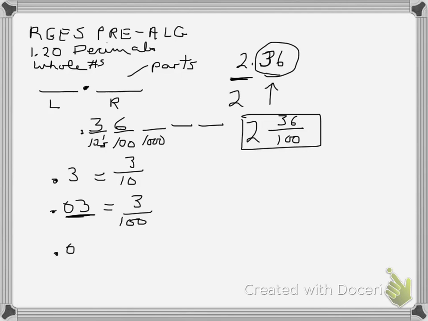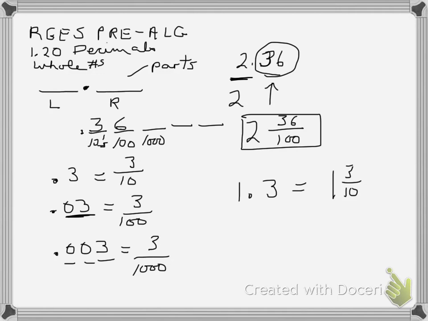What if I had 0.003? I would say tenths, hundredths, thousandths. I just typically count over, and that equals 3 thousandths. Okay. If I said 1.3, again, that would equal 1 and 3 tenths.